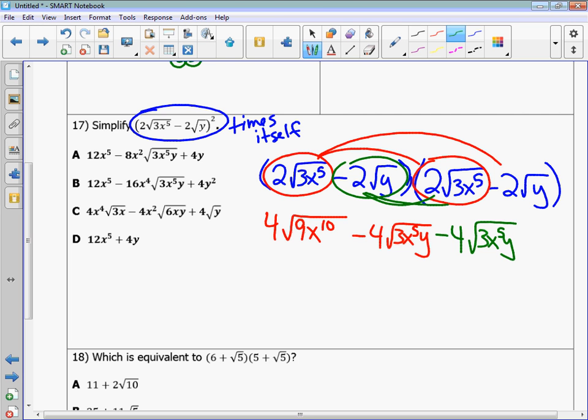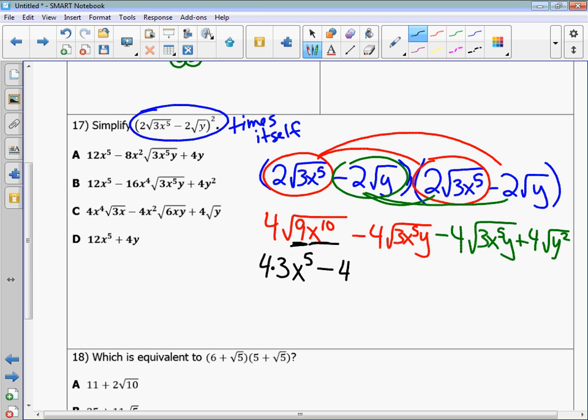Let's take this individually. Now we're simplifying. Square root of 9 is 3. So I have 4 from the outside times 3. Square root of x to the 10th is x to the 5th. Moving on. 4 is on the outside already. Square root of 3, can't do anything with that. Square root of x to the 5th, I can. That's x squared on the outside.